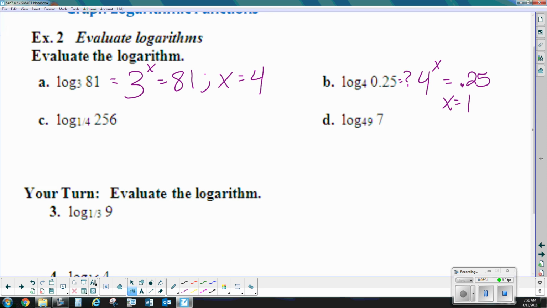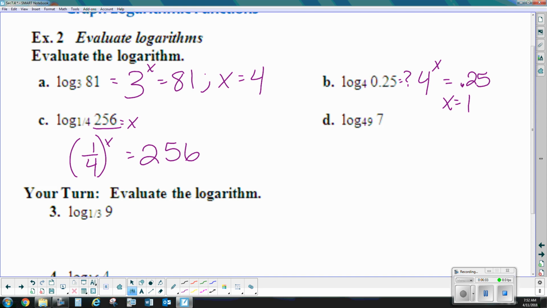In the third one, again, we don't know what it's equal to, but 1/4 to some power equals 256. Now, since our base is a fraction and our y value is positive, an integer, we know that x has to be a negative number.